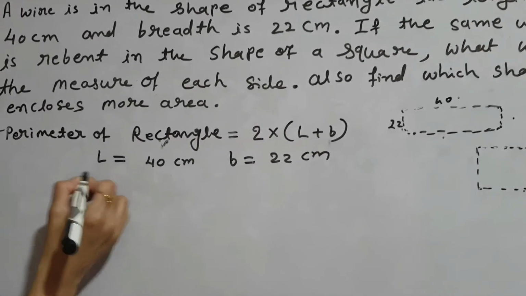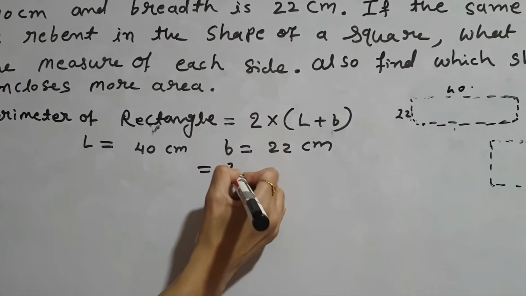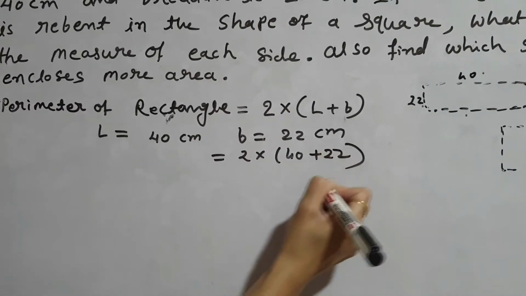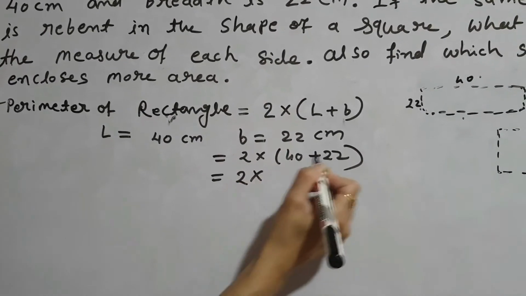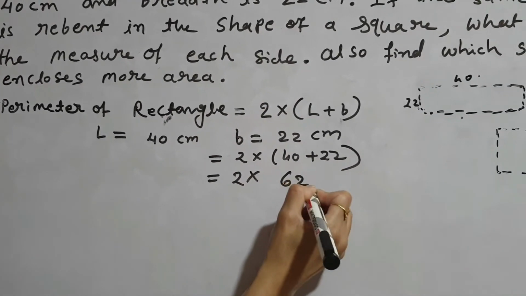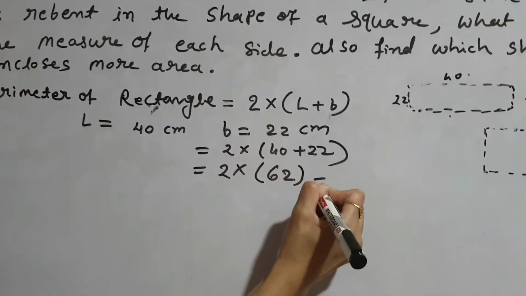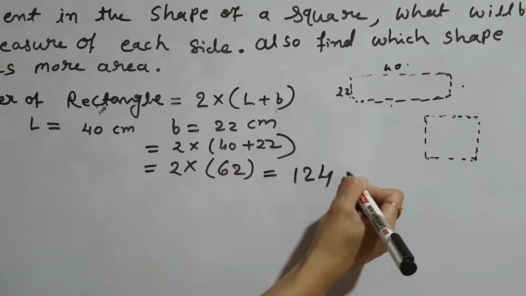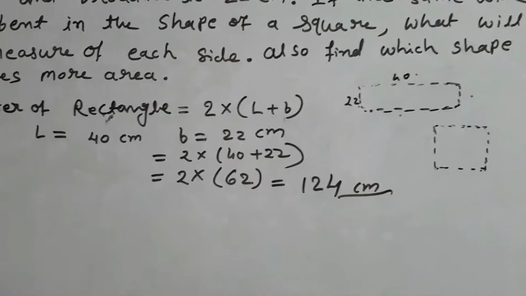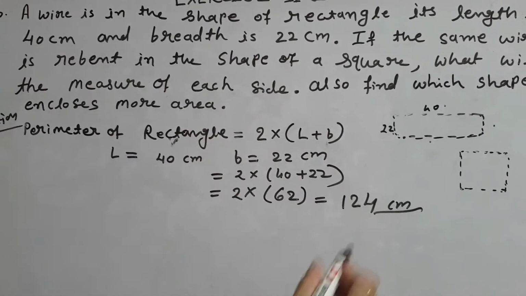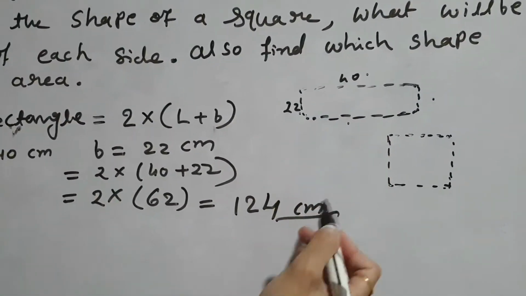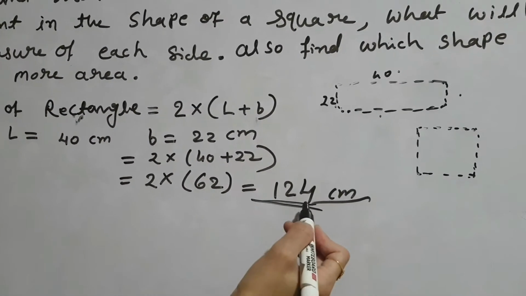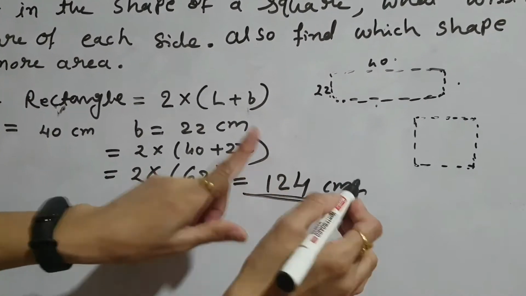Now put the values: 2 multiplied by 40 plus 22. So it will be 2 multiplied by 62, so it is 124 centimeter. This is the perimeter of the rectangle, meaning the complete wire length is 124 centimeter.